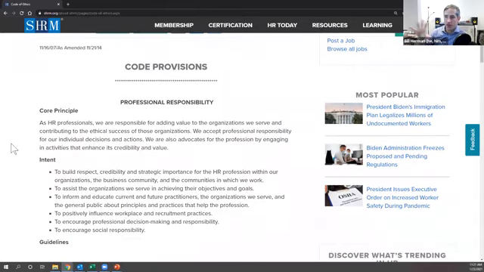So as HR professionals, we're going to build ethical cultures within our organizations. And we're also going to behave ethically so that HR professionals generally have a good reputation. And so we as an HR professional, we're going to do everything we can to help the reputation of our company and help the reputation of the profession.